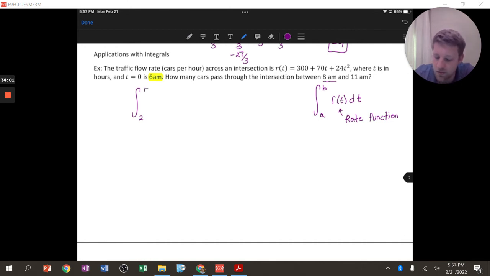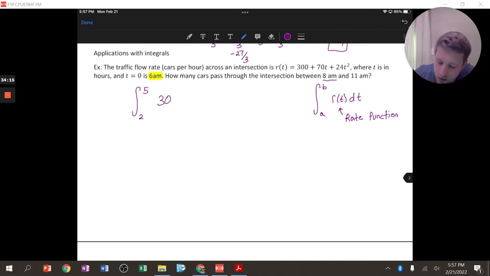And so that could be our upper endpoint. So we're really doing an integral from 2 to 5. And we always list our lower endpoint on the bottom. Now our rate function is just given to us, so we don't have to work too hard for that. And we want to take this integral dt, or with respect to time.